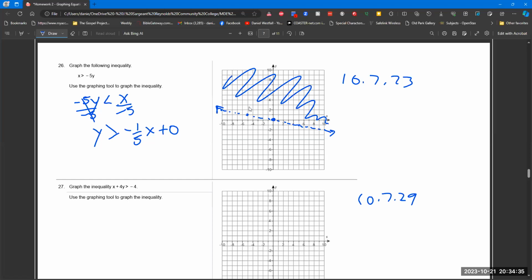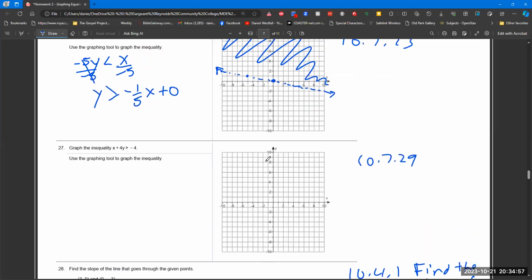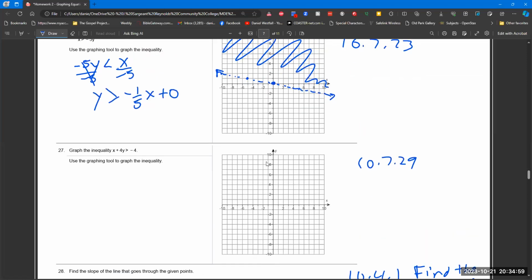Just use my test point of 0, 1 to test that. 1 is greater than 0. Yep, that's on the true side. Go all the way back to my original to make sure I didn't make a mistake. X is 0, y is 1. 0 is greater than -5. Yes, that's true. Okay, this is going to be my last one here for section 10.7.